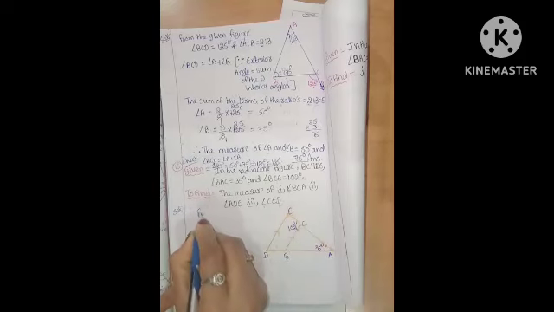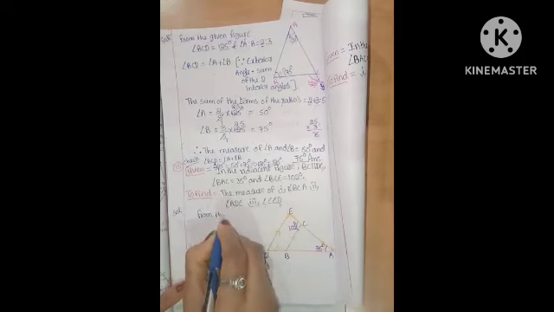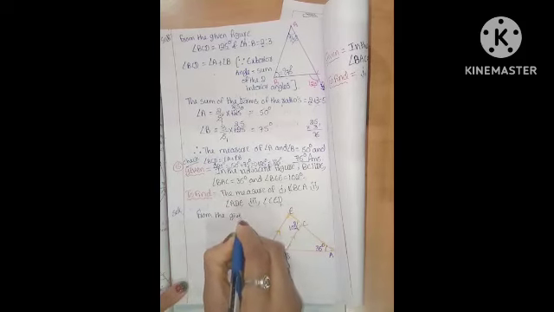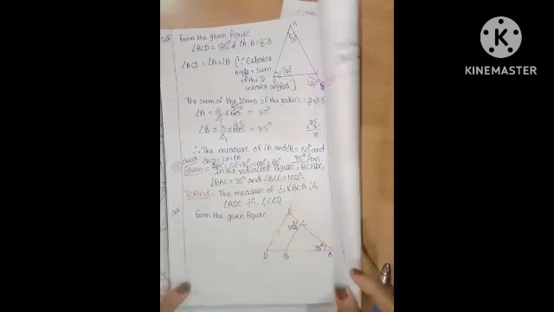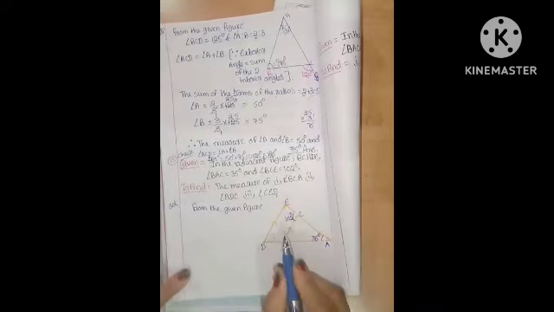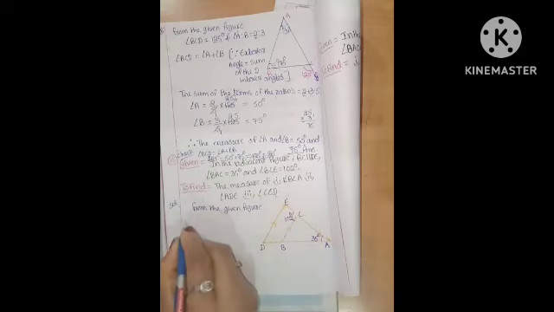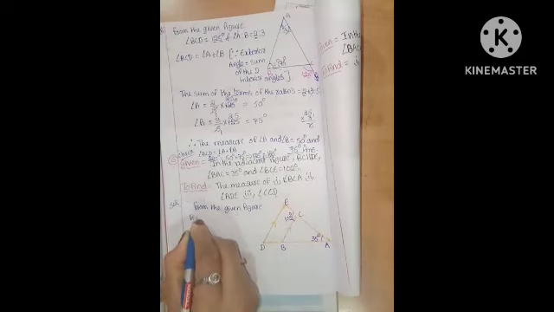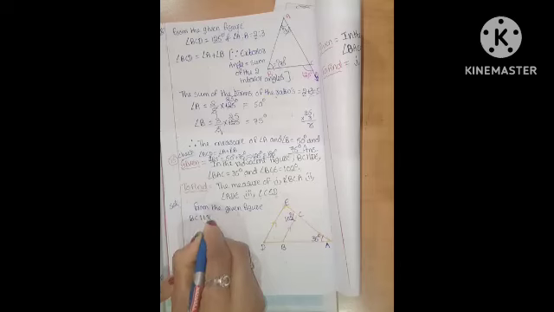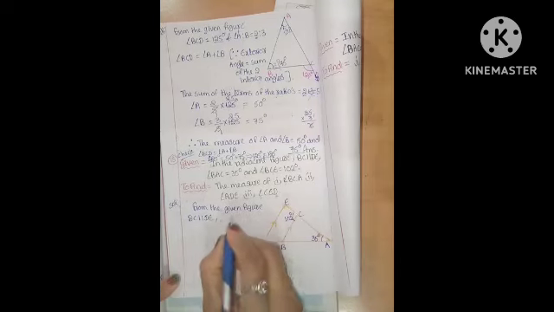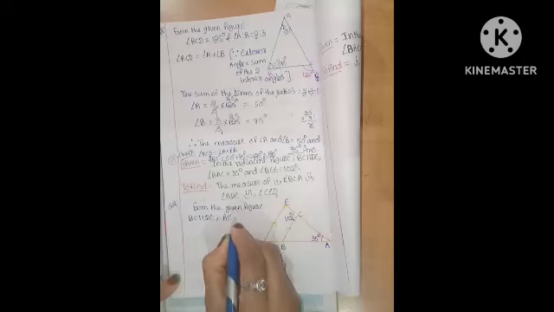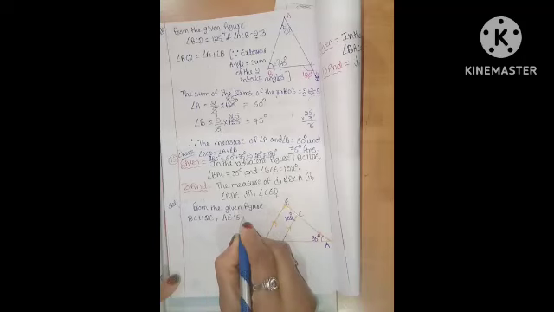First, from the given figure, understanding the question is very simple. Okay, that is very important. From the figure, what is given? BC is parallel to DE is given. AE is the transversal.